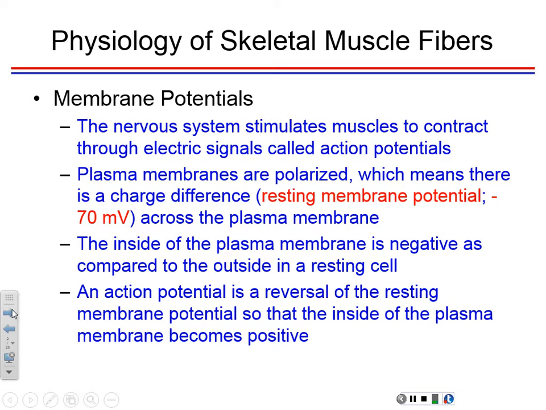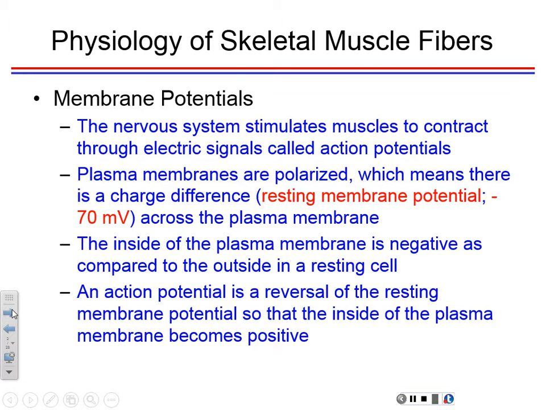All right. So the way muscles are stimulated, or any message is sent in the body, is via very minute electrical signals, in terms of millivolts, called action potentials. So we'll have a few lectures that will be talking just about action potentials and electrical activity in the body.